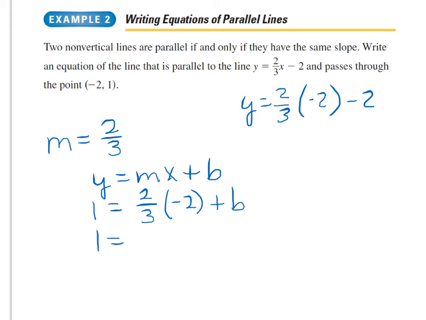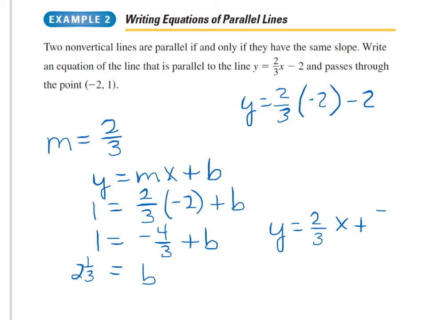So we get 1 is equal to -4/3 + b. -4/3 is -1 1/3. So if we add 1 1/3 to both sides, we get b is equal to 2 1/3 or 7/3. So the equation, the new line, is y = 2/3 x + 7/3 or 2 1/3. You can write that either way.